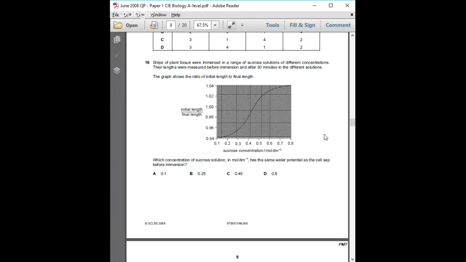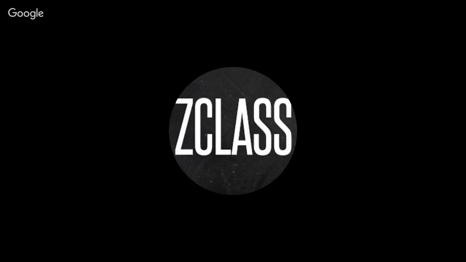If you just tell me how you would work this out, then I'll let you know if that's correct or not. Okay. What shows the ratio?